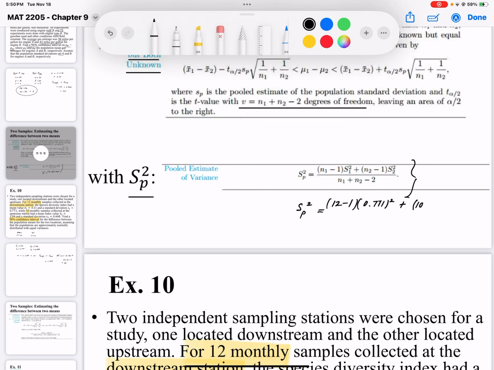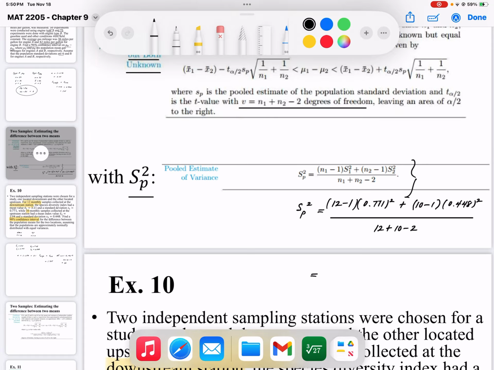Our n2 was 10, minus 1. Our second standard deviation was 0.448, and we're squaring that. And all of that over 12 plus 10 minus 2.